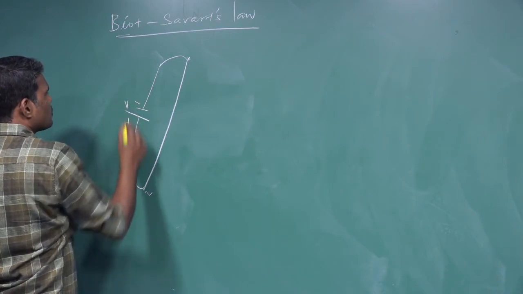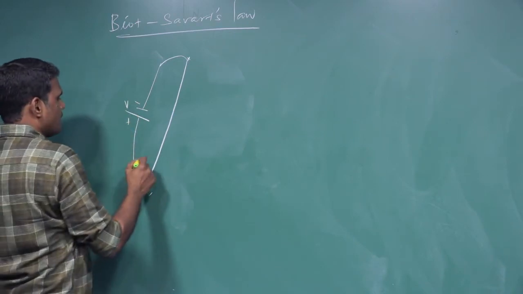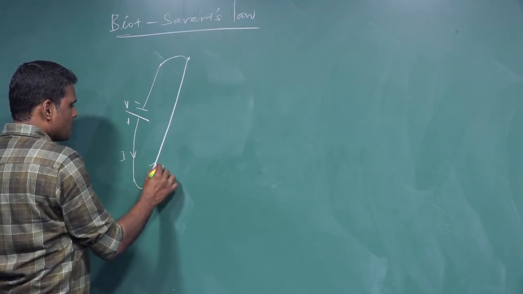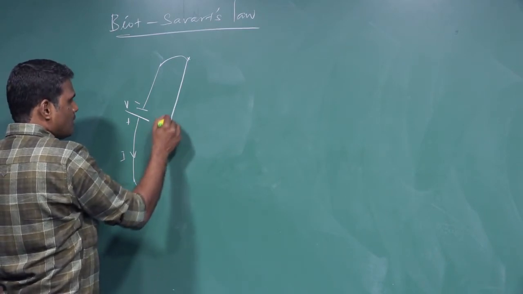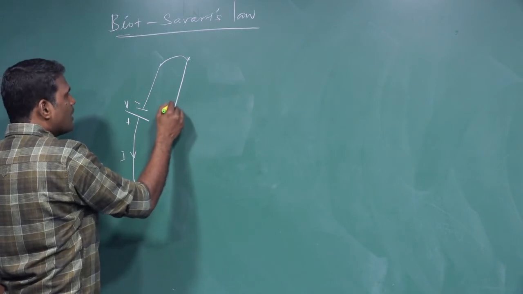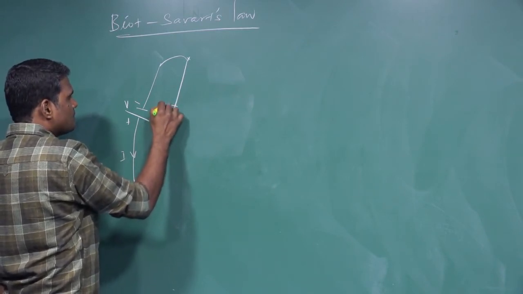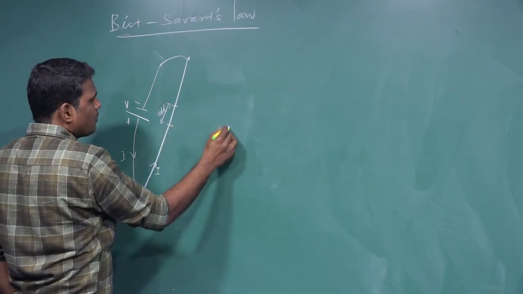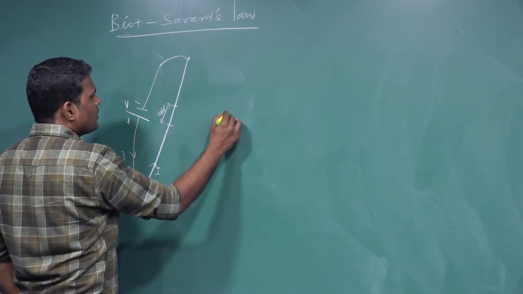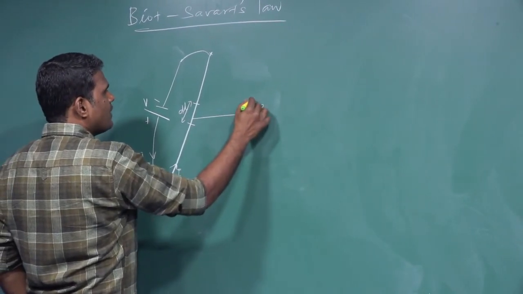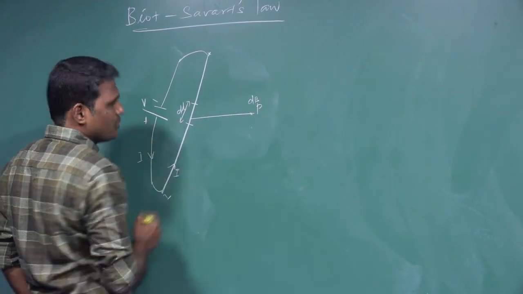This is connected to a source of potential difference V, then it carries the current I. This current I flows through the conductor XY, and in this conductor I am assuming a small element, let us say dl, and a point P is considered where the value of magnetic field dB has to be determined.